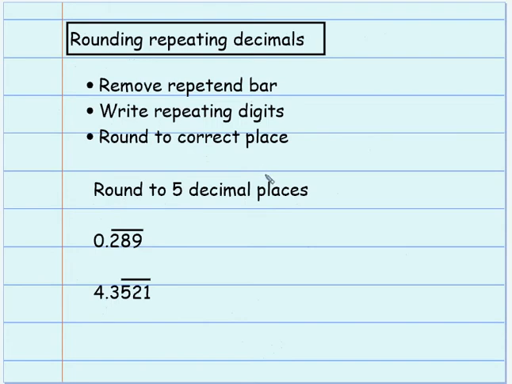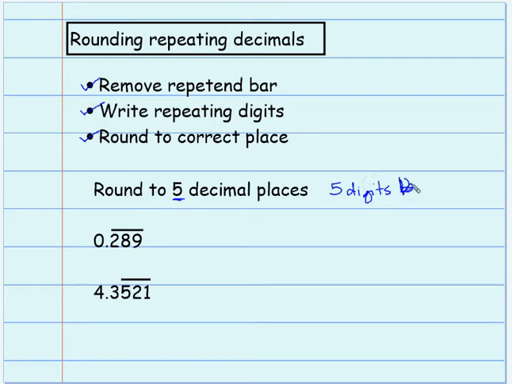Okay, rounding repeating decimals can be a little tricky. The steps that you need to take are to remove the repetend bar, write the repeating digits, and round to the correct place. So I have 2 examples here for you. If we want to round to 5 decimal places, that means we want 5 digits behind the decimal.